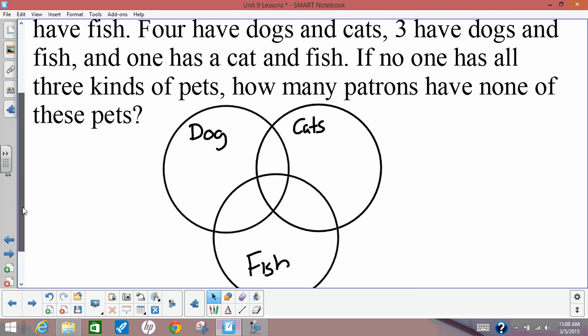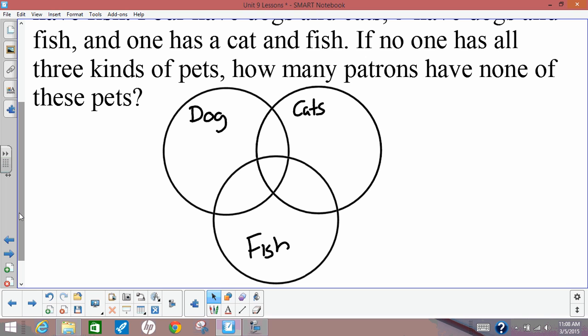Kind of looks like the Olympic rings moved around a bit. And we can see that there's a space here in the middle where they all three overlap. At the end here we say no one has all three kinds of pets. So let's start this problem by putting a big 0 in there, meaning there are no patrons in this part of the Venn diagram.